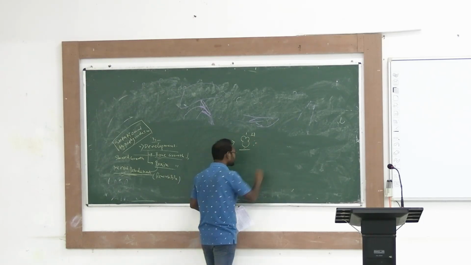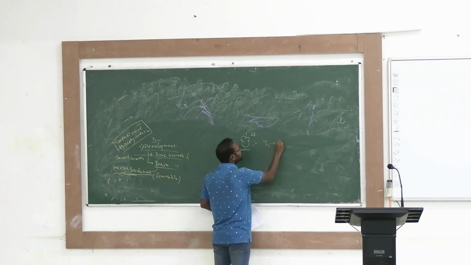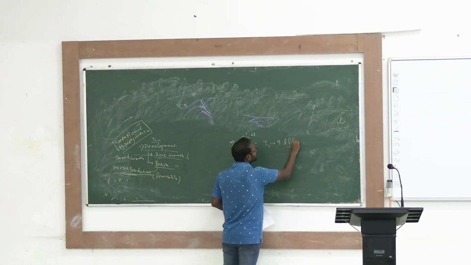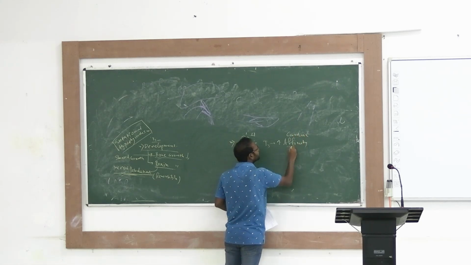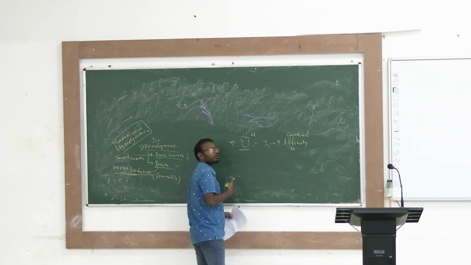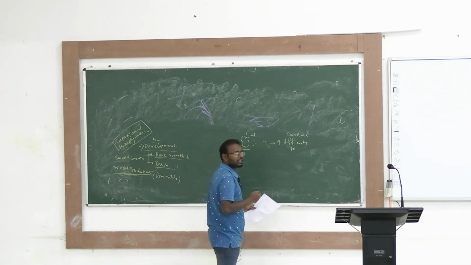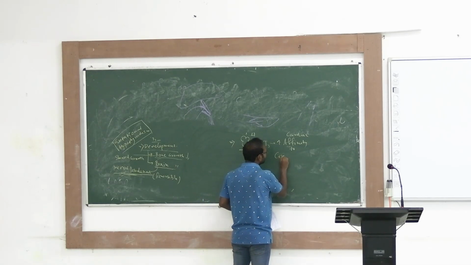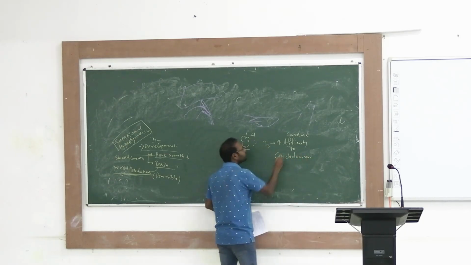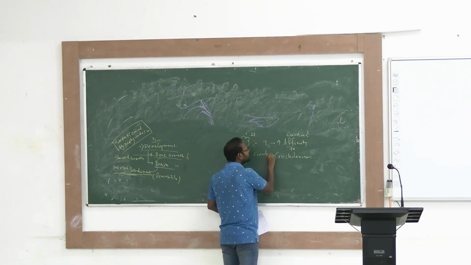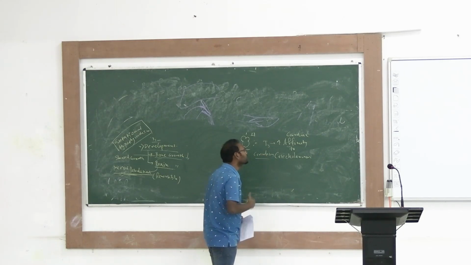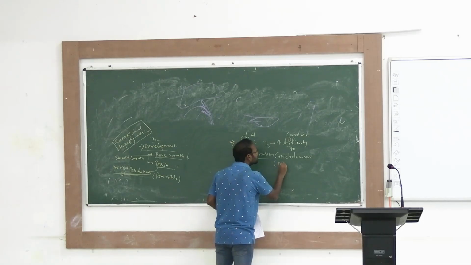Normally T3 increases cardiac affinity to drugs such as norepinephrine and all. What do we call these together? Catecholamines. Very good. So increased cardiac affinity to circulatory catecholamines. Why circulatory? That means they are present in our blood. A typical example is norepinephrine.